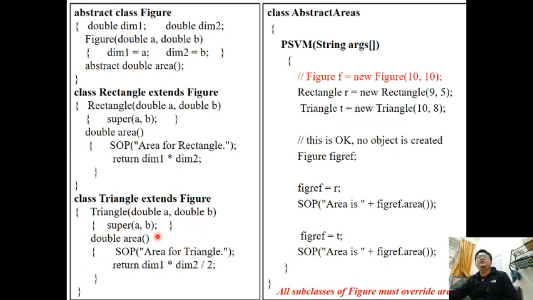Similarly, if you want to access the area method of Triangle with the help of the Figure reference variable, initialize the object of the Triangle class inside the reference variable and then use the reference variable to invoke it. It's exactly runtime polymorphism.